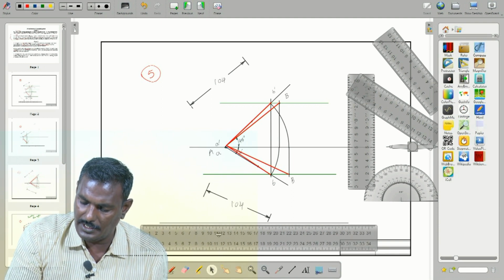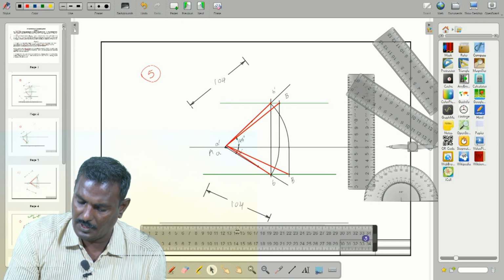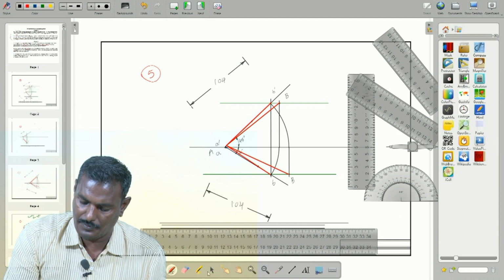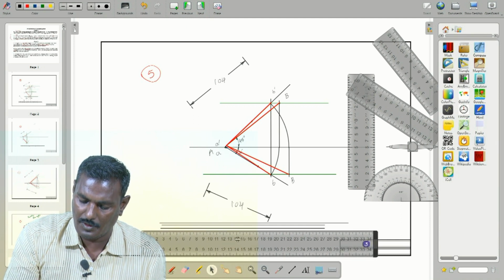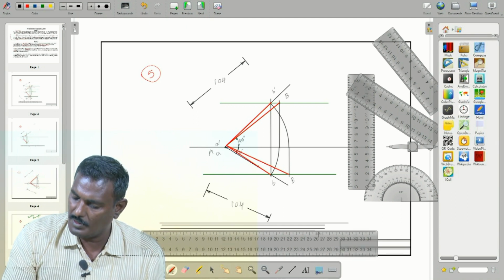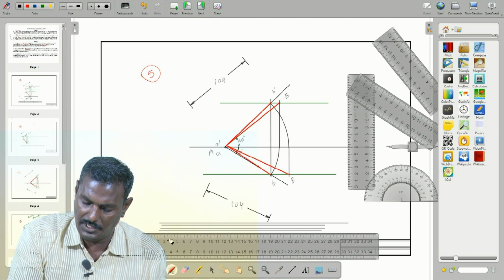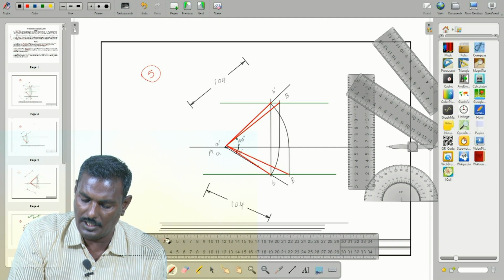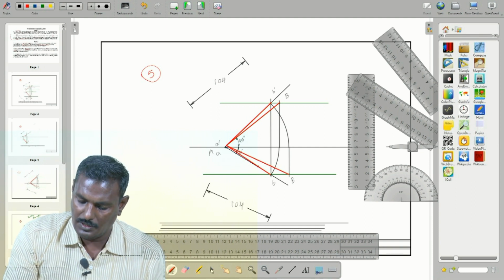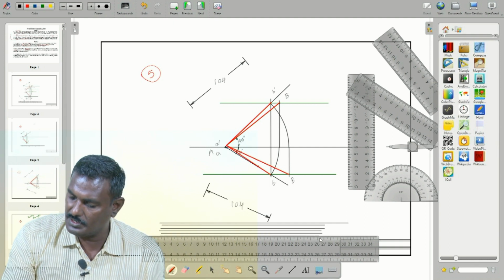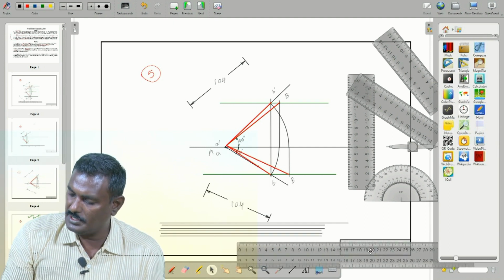So draw a guideline approximately 6 mm. So I am doing 3. One for the true length, another for inclinations, yeah, here.